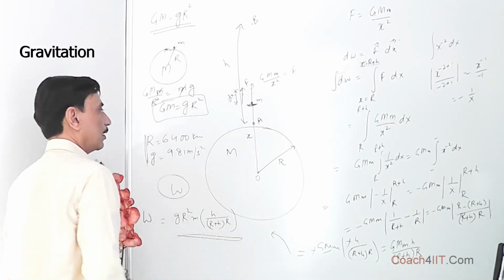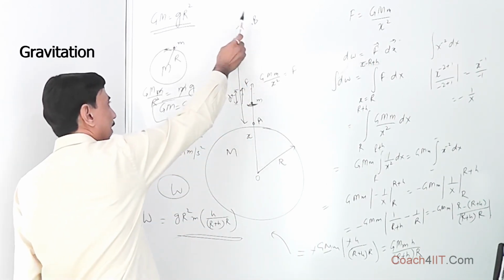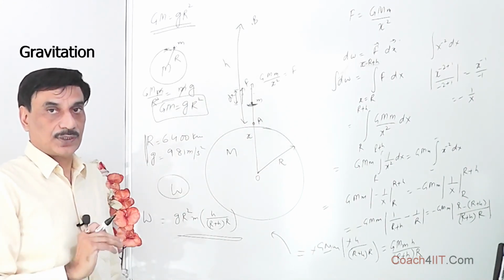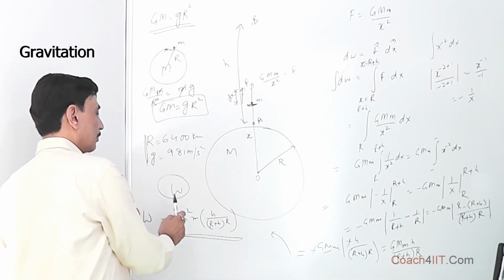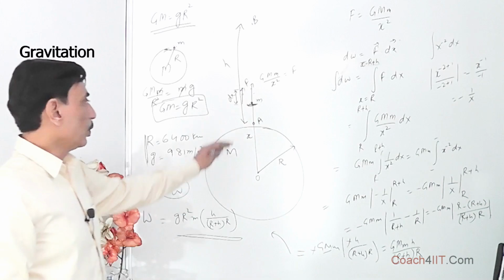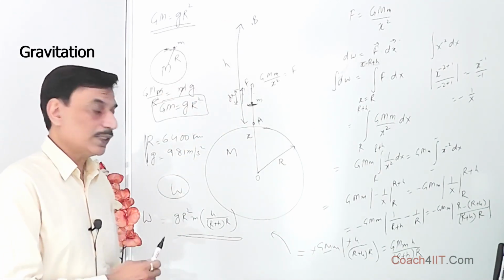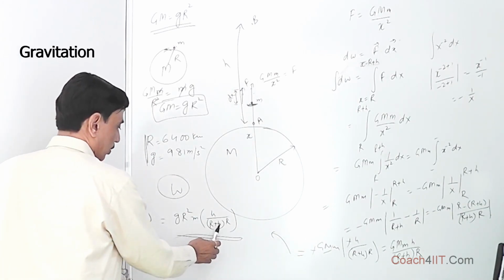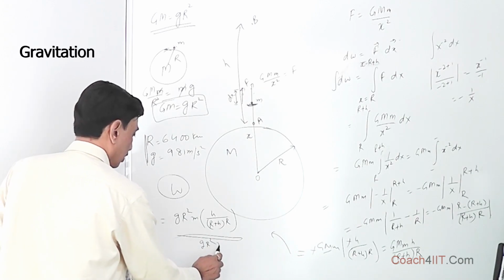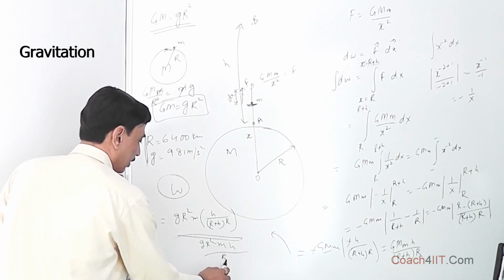So this is the work done when the body is taken from the surface of earth to a height h without any acceleration. If h is very small as compared to the radius of earth, that is 6400 kilometer, then during this height the acceleration due to gravity will not be changing. Let's see what it comes out to be. When h is very small as compared to r, r plus h is equal to r only.